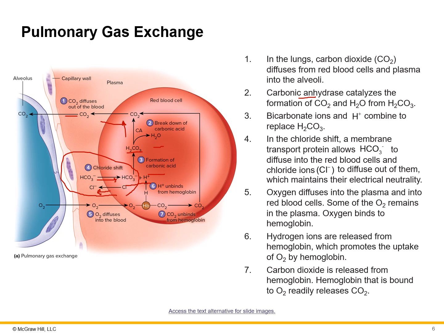Again, it forms that carbonic acid, and then it's going to release the carbon dioxide that then goes into those alveoli, and that release of that carbon dioxide allows more bicarbonate to come into the red blood cell, and it continues the process.